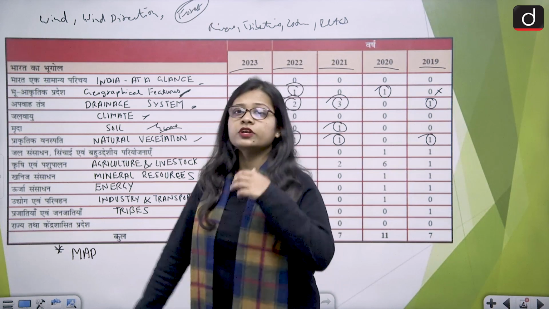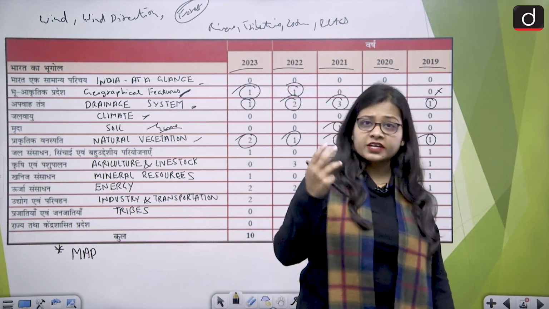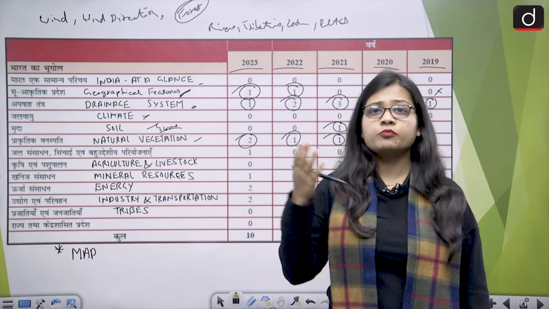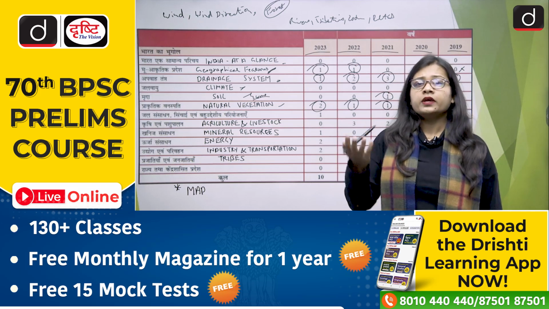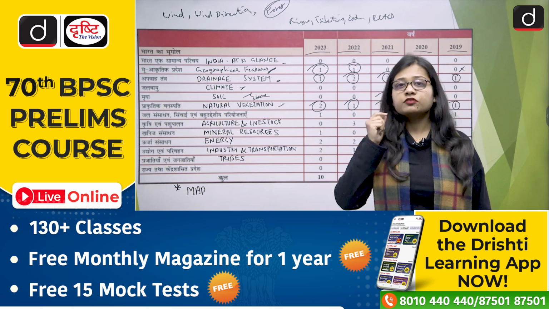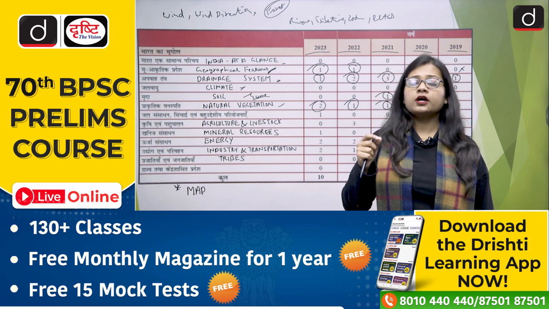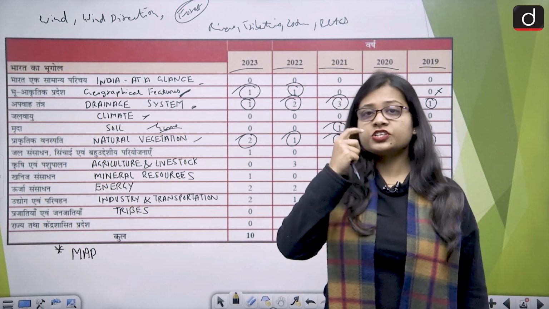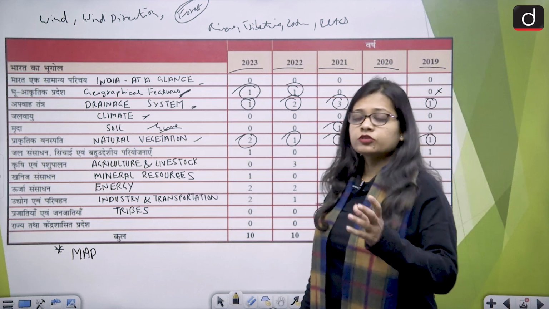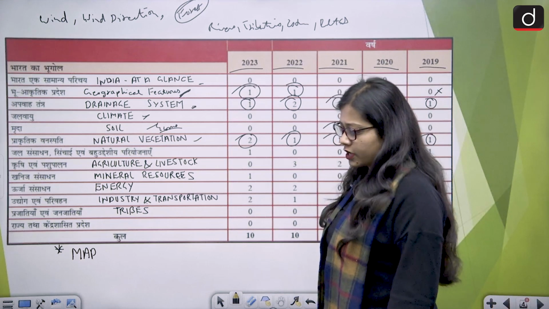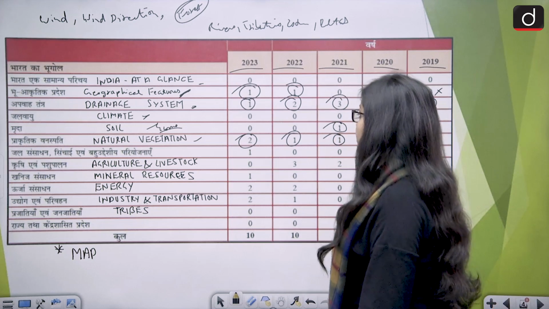We need to know about the different types of forest, like for example the deciduous forest, tropical forest, montane forest, etc. And then what the specifications or special features of those forest types are. So these are the things you need to be very well aware of with regard to natural vegetation.